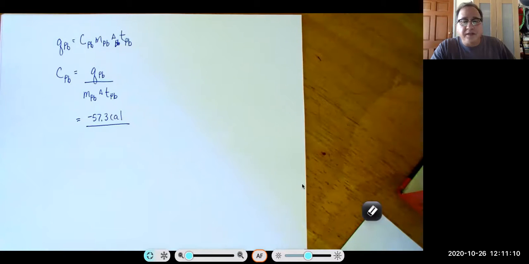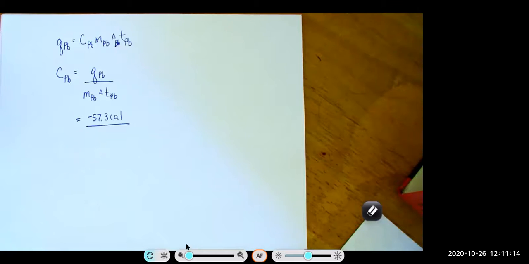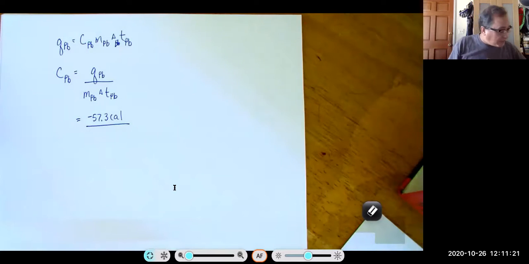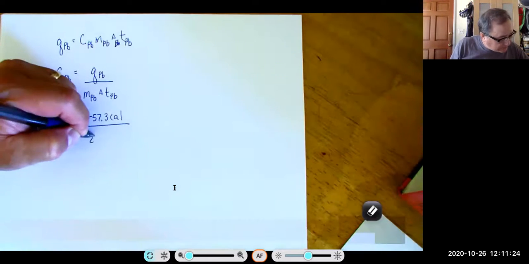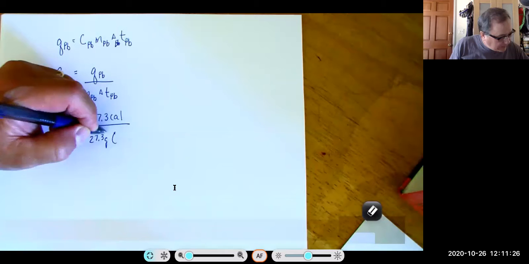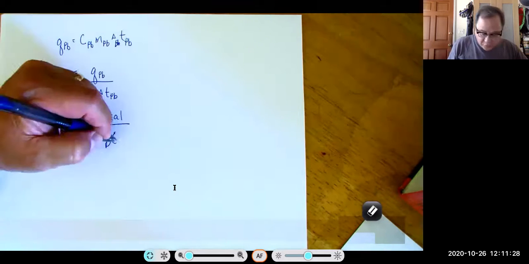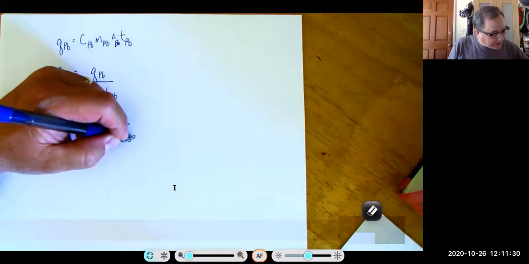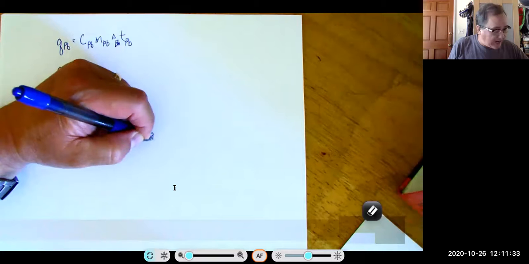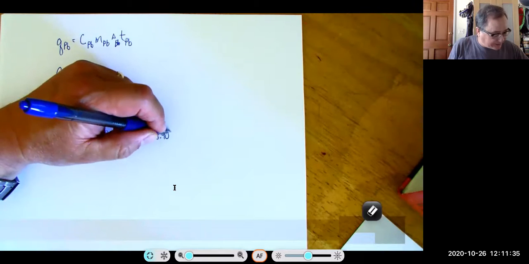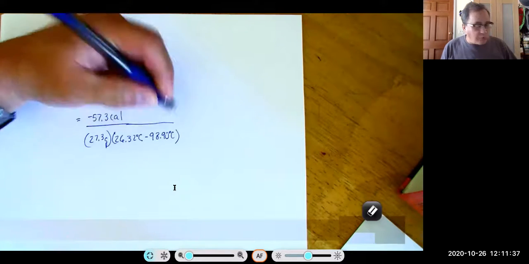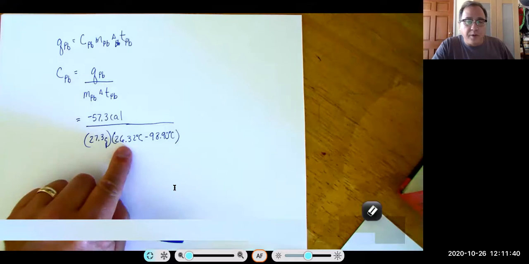Am I sharing with you guys? Yeah. Okay. The mass of the lead was 27.3 grams. Now the final temp of the lead is 26.32 degrees Celsius, but the initial temp was 98.90 degrees Celsius. So we don't put the larger number first, we put the final number first, always.